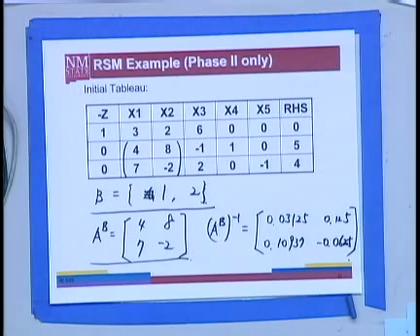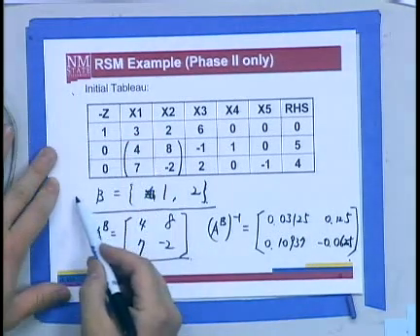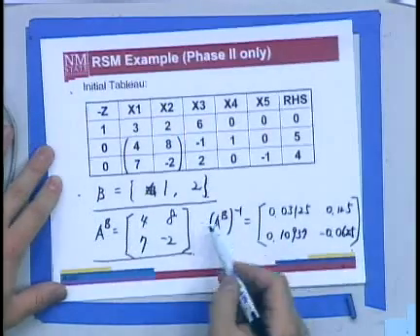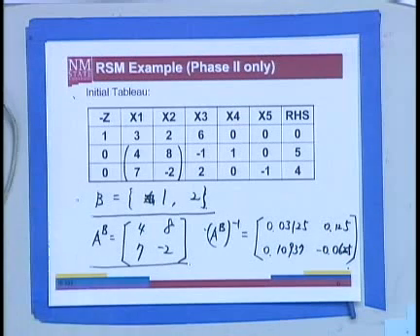Okay, so again, we have the initial tableau and the basis set and the basis inverse matrix, right? So we are able to begin the first iteration of phase 2.